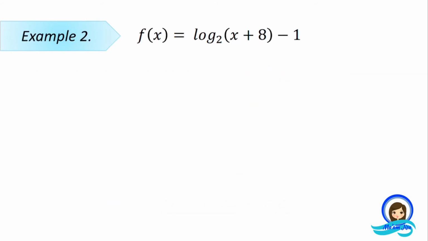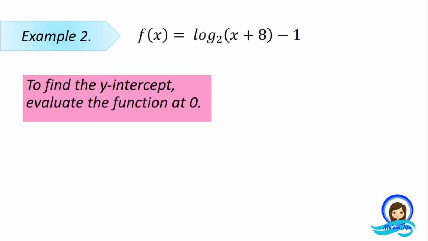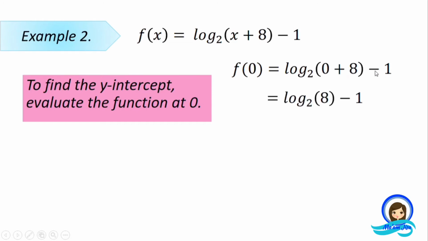For the y-intercept, we again evaluate the function at 0. So replace all x's with 0. 0 plus 8 is actually 8. And then copy the minus 1. Take note that you don't have to subtract first, because we need to identify first the logarithm of 8 to the base 2. And how do we do it?